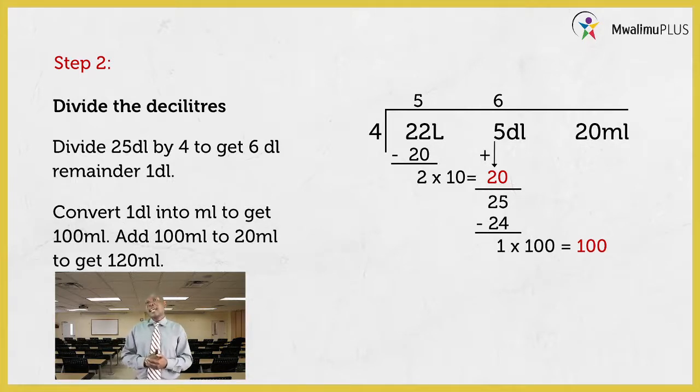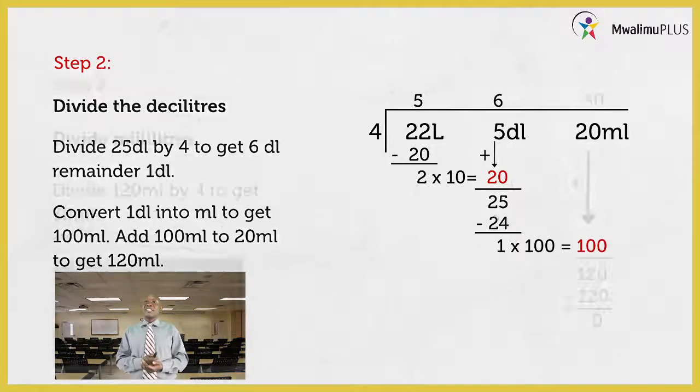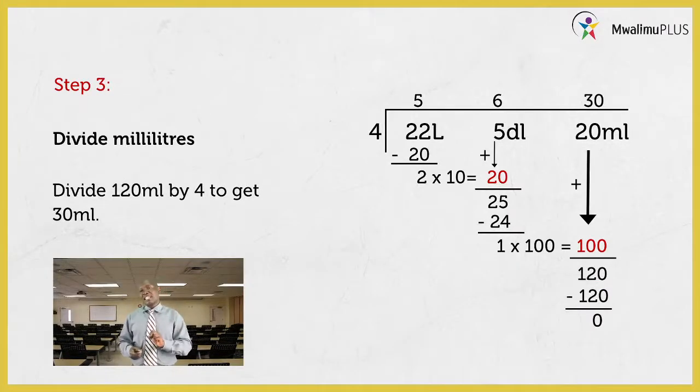That will give us 100, because a number multiplied by 1 gives us that same number. So we have 100 with us, and we have 20 ml with us. Learners, we are going to add 100 to 20 ml. That will give us 120.